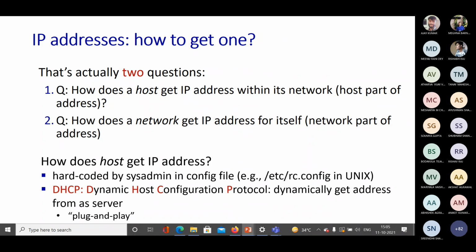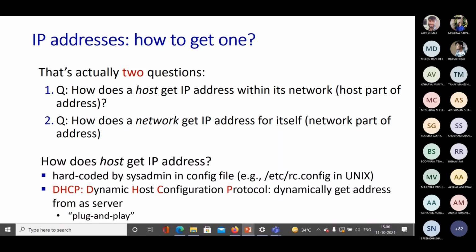Okay, now you can ask the question: why do we need such a scenario? Because if you see here, it is given that the device dynamically gets an address from a server. Okay, so why is this dynamic? The answer to this question is that we have only a 32-bit IP address, right? So that means 2 power 32 is the number of combinations that we can have.